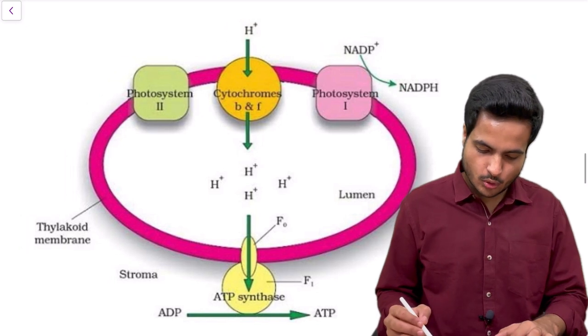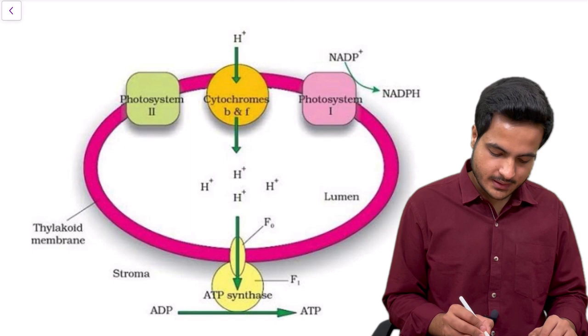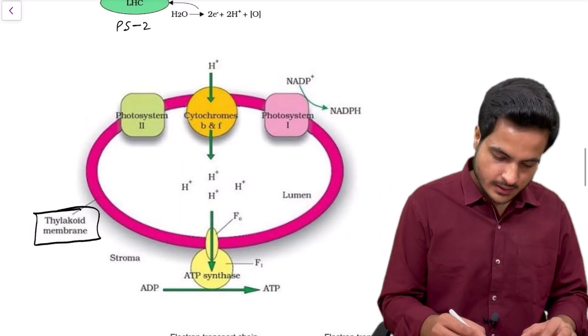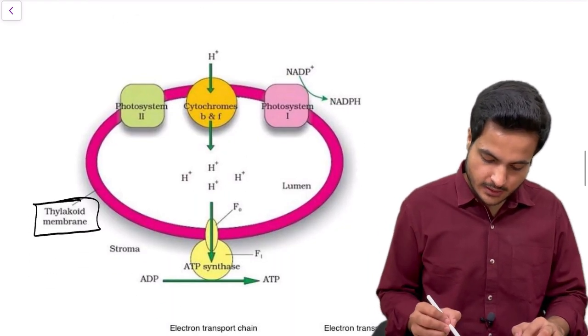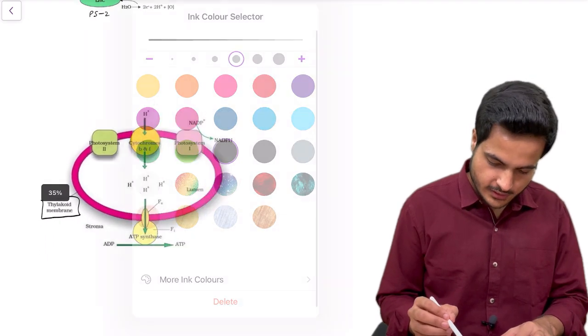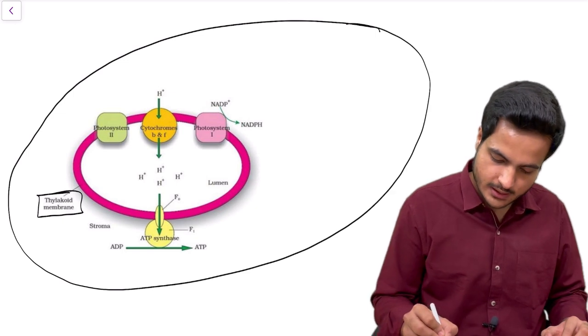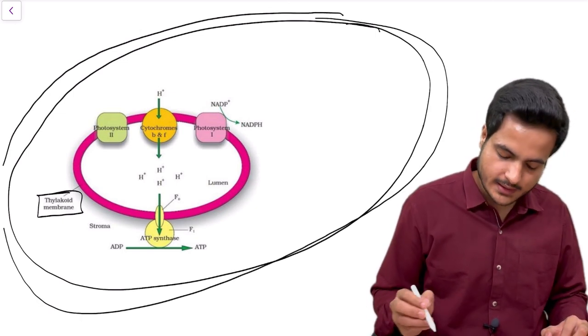This is a core diagram of a thylakoid. This pink colored membrane is actually the thylakoid membrane, and this thylakoid is present inside the chloroplast, let me draw it for you. So here would be a big chloroplast, which is a double membrane bound organelle.